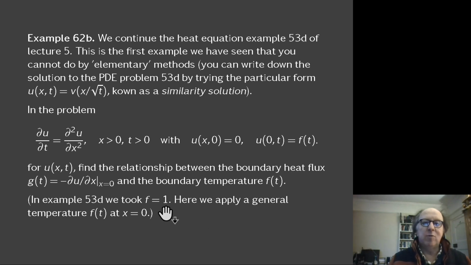And previously we took f equal to 1, but now we're going to apply a general temperature, and we're going to say what's the relation between the boundary temperature and the boundary heat flux.